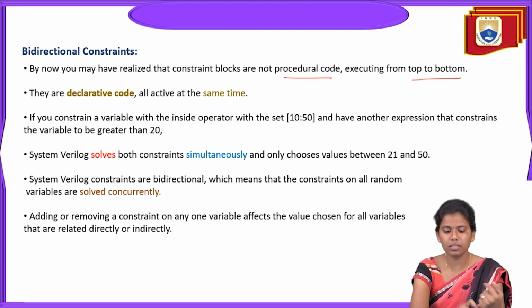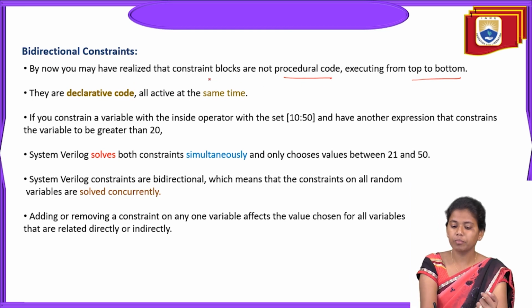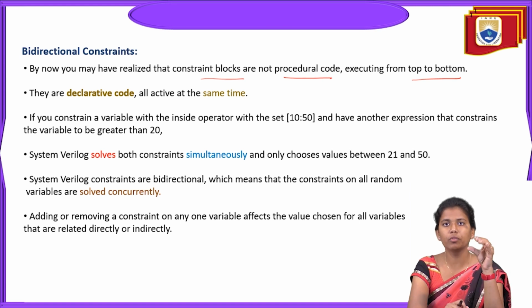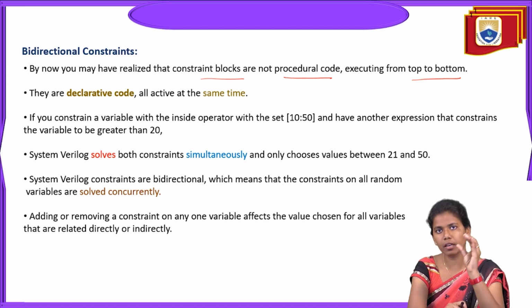In these constraints, we need to realize that the constraint blocks are not procedural code. What is procedural code? Procedural code starts from the beginning and ends at the end: initial, begin, end, module.